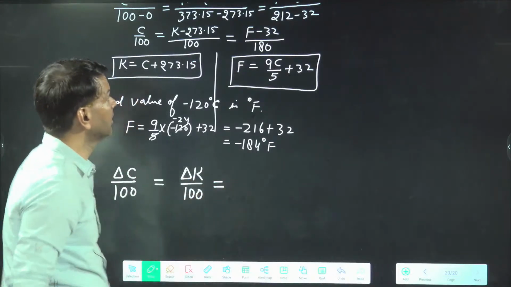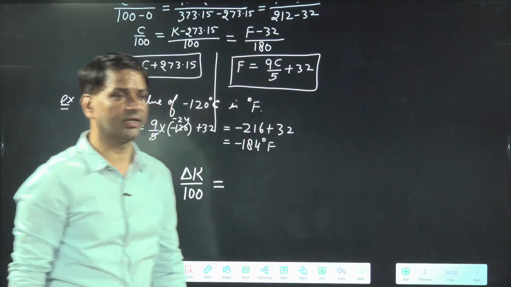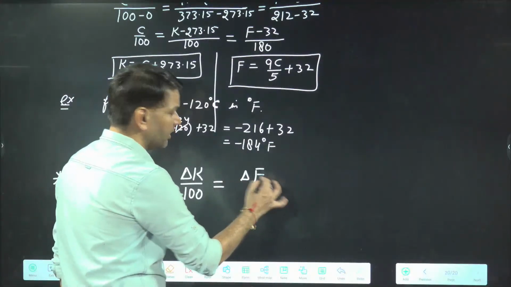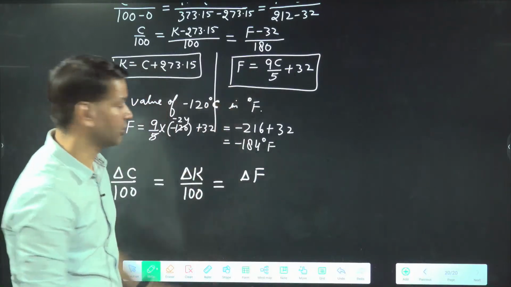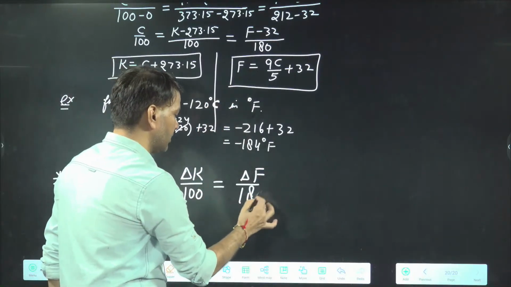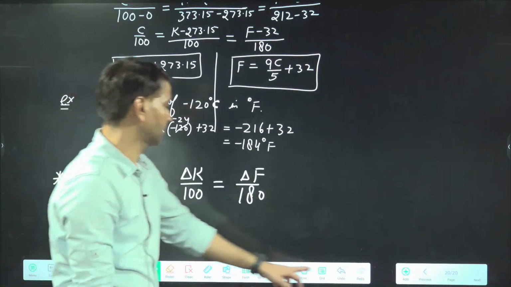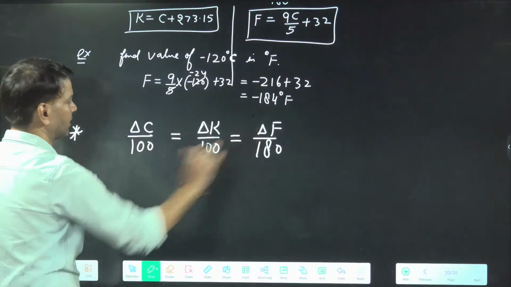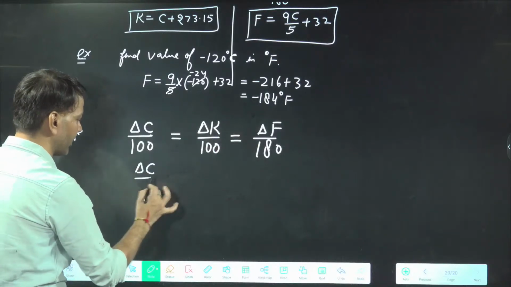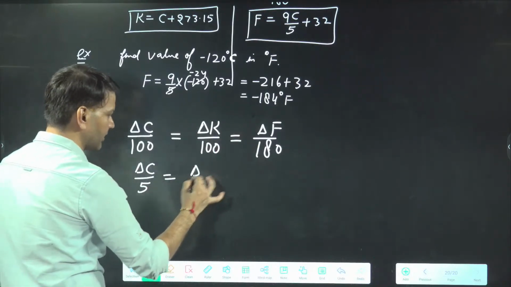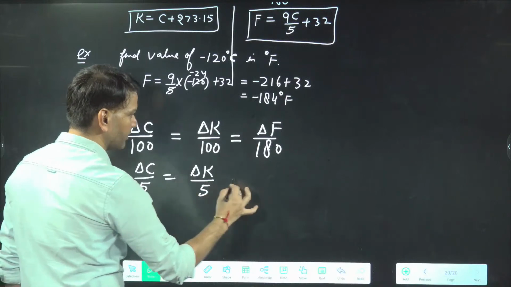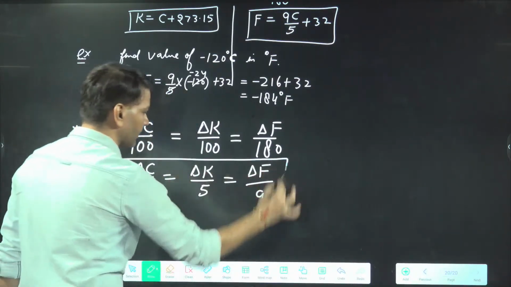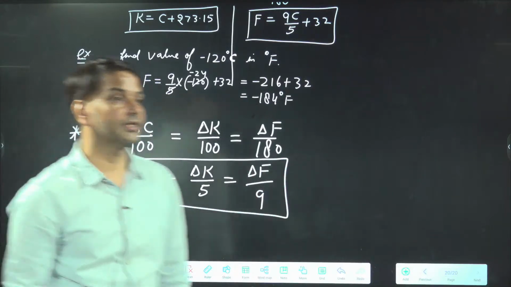That is equal to F minus 32 by 180. So F, we can take that delta. So delta F, delta of the 32 is 0, upon 180. Or in other form, if you want to simplify more, then you can cancel by the 20. So delta C by 5 is equal to delta K by 5 is equal to delta F by 9. So this is the relation between the deltas.